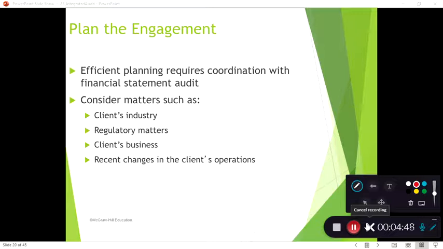This is part of it, right? In terms of coordinating our opinion on the financial statements and our opinion on the internal controls over the financial reporting process. And so we're looking at a lot of the similar things as before in terms of the industry. How much oversight are we getting from regulators? What does their business model look like? Have they made changes or made acquisitions that would potentially impact internal control?